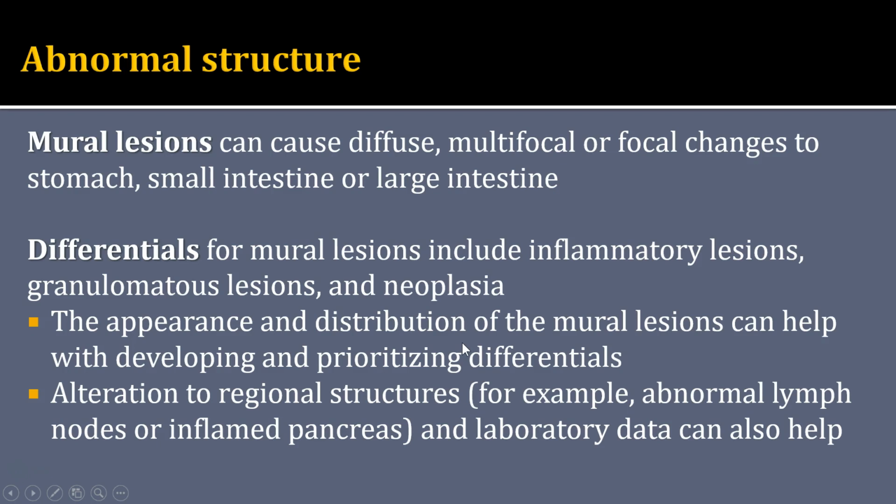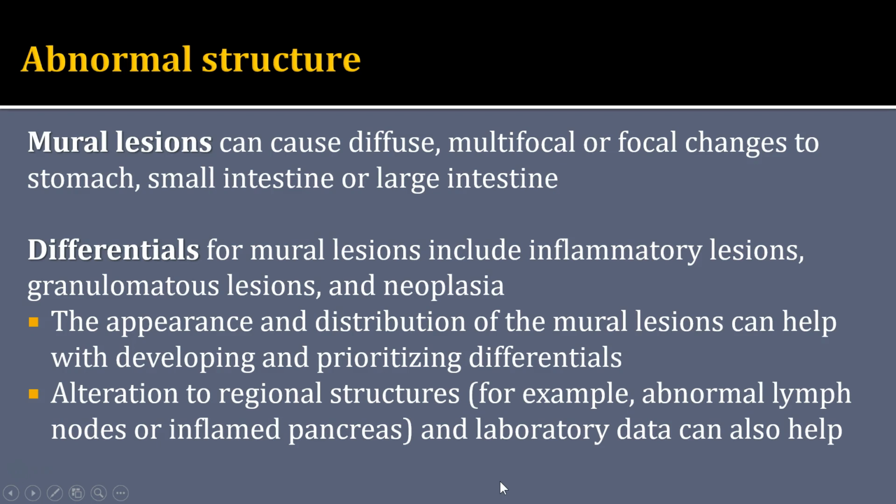When we look at mural lesions, we have differentials that can be inflammatory, granulomatous, or neoplastic in origin. It can sometimes be challenging to identify and prioritize differentials, but the appearance and distribution of the mural lesions can help us decide what to include and how to prioritize our differentials. We'll talk a little bit about that.